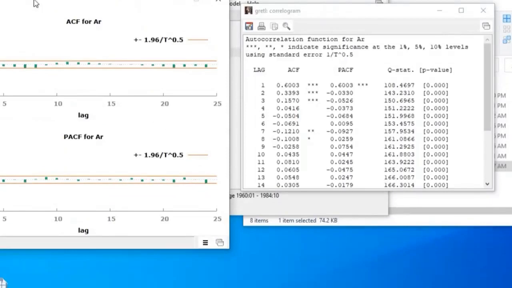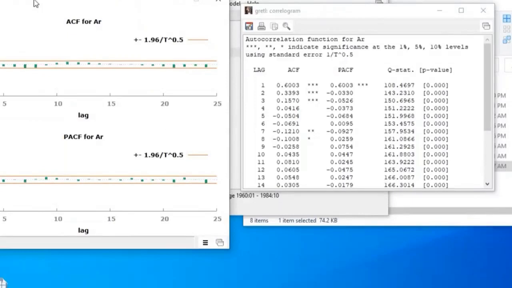No, usually you see that particular spike is because of the sample data. That's a sampling error. We have to see whether within some 6, 7, 8, or 9, 10 lags, we have fast decay.